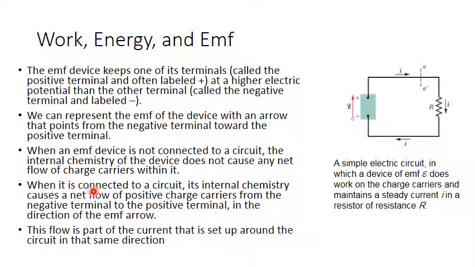When it is connected to a circuit, its internal chemistry causes a net flow of positive charge carriers from the negative terminal of the EMF to the positive terminal of the EMF, in the direction of the EMF arrow. This flow is a part of the current that is set up around the circuit in the same direction.